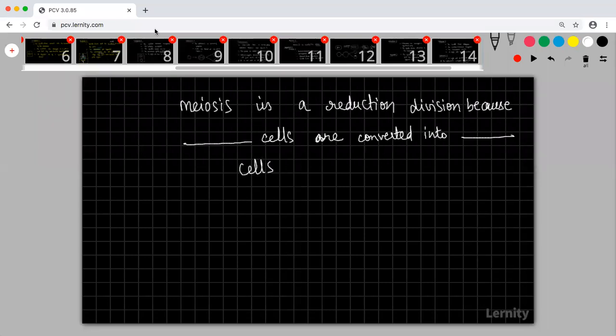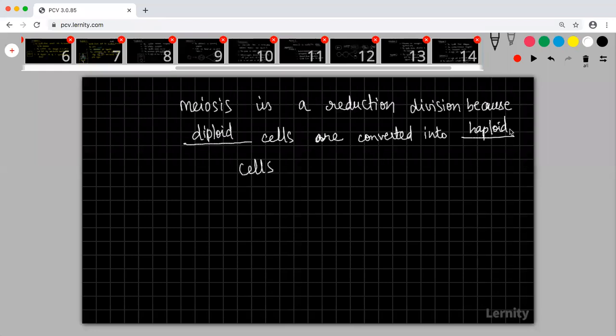What is the first dash? The first is diploid cells, which are converted into haploid cells.